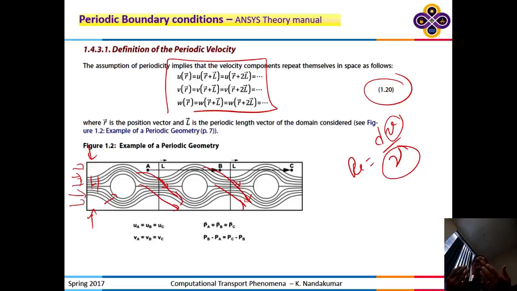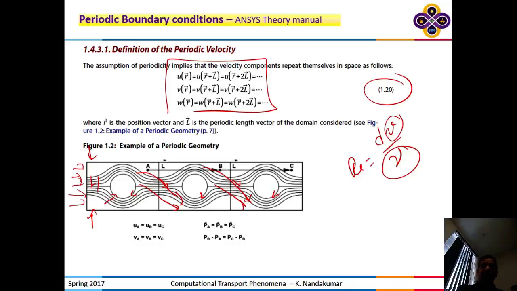And when can that happen? If I have, for example, a rotation. These cylinders are not just fixed, but they are rotating. I can create a flow that will be something like this, and I can still have a periodic condition, but not a symmetric condition.